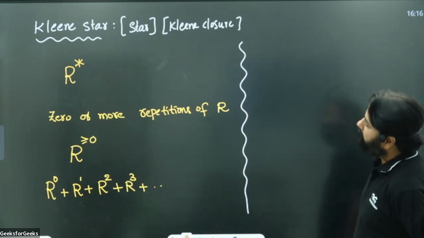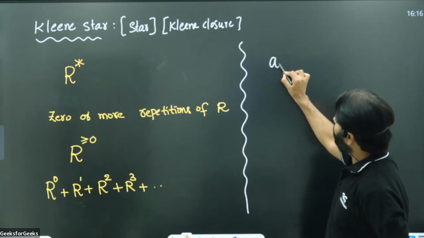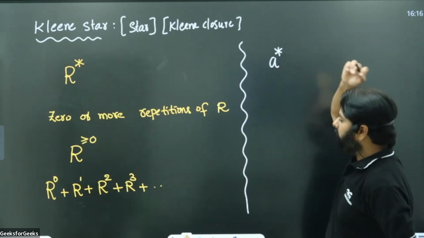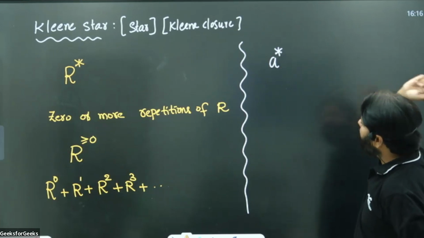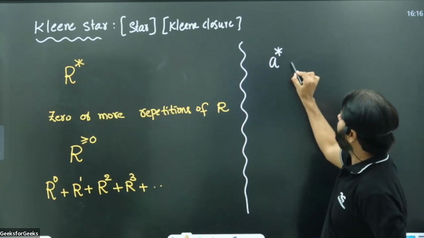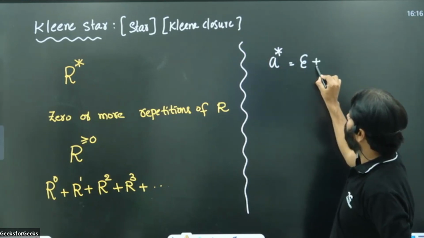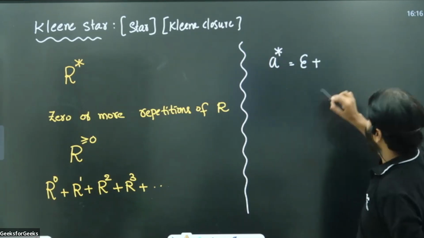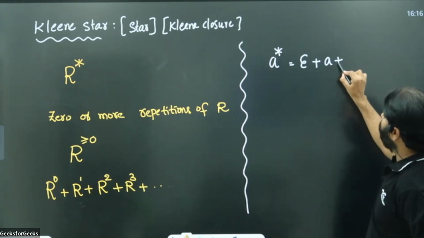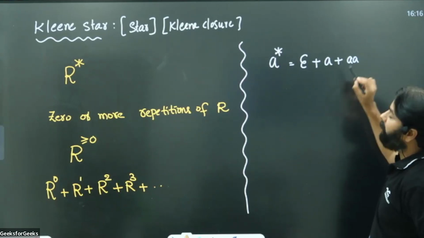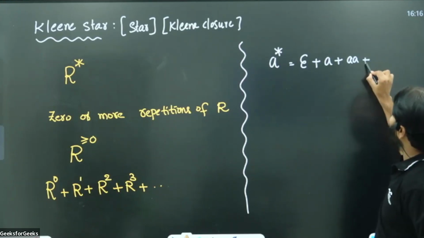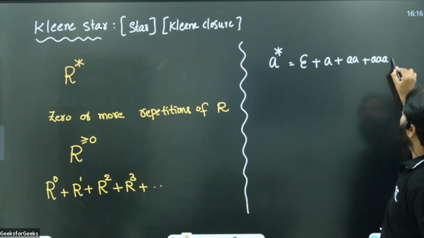Now, to understand this R star, let me take the example of A star. If I say A star, what are the strings it can generate? It can generate epsilon. How do you get epsilon? By writing A power 0. How do you get one A? By writing A power 1. How do you get two A's? By writing power 2. How do you get three A's? By writing power 3. Are you able to understand?